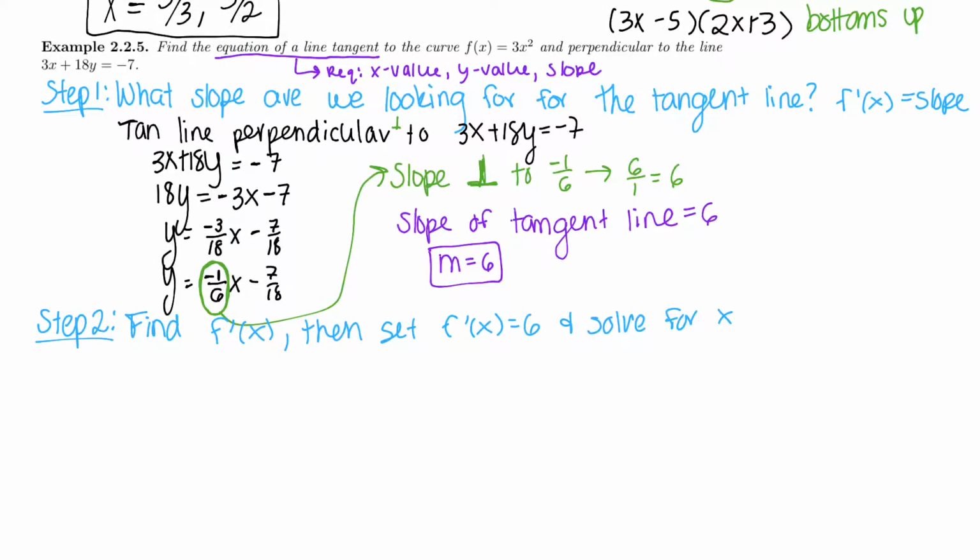Because we want to know which x values have a tangent line that has slope 6. So f prime of x, multiply 2 by 3, you get 6x. Now we set it equal to 6. So we have 6x is equal to 6, which means x is equal to 1.